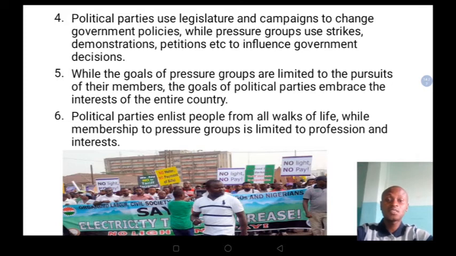But for pressure groups, it's limited. Either profession or interest. So if you don't belong to their profession or you don't have the same interest with them, you can't be their member. So they're not looking for the entire society to join them.